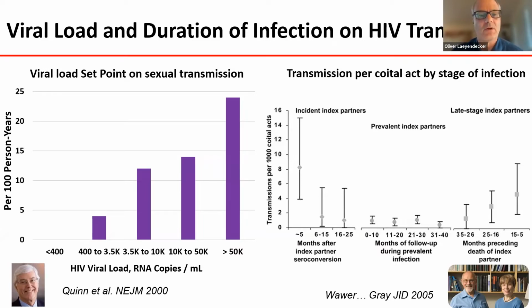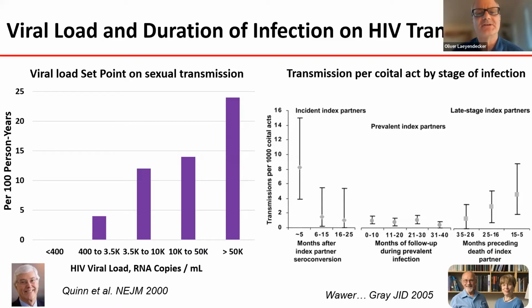Also, one of the asides that was presented in this paper was that if the male partner was circumcised, there was also a pretty substantial impact to not acquiring HIV.